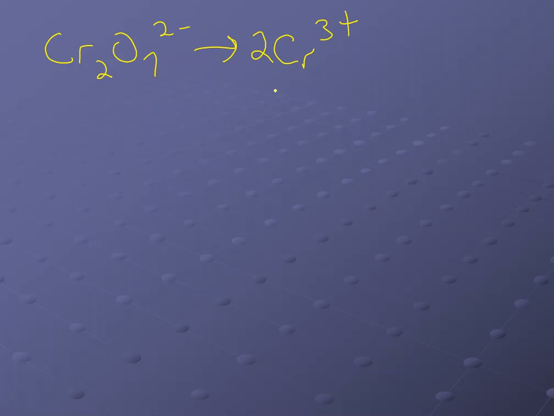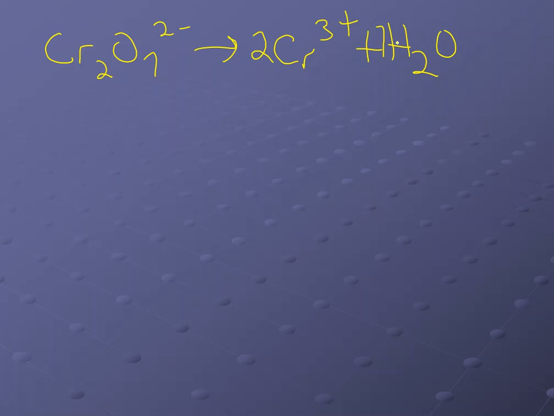The other thing I need to do is balance my oxygen. 7 on this side, none on this side. So I'm going to add water to the side I'm deficient on oxygen. But I need to add the number of water as I have oxygen that I'm deficient by. So I really need a 7 in front of that water. Now when I do that, I've added in this hydrogen here that's not present on the left side.